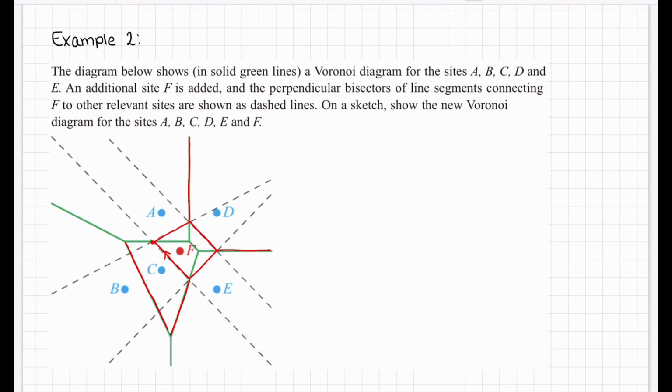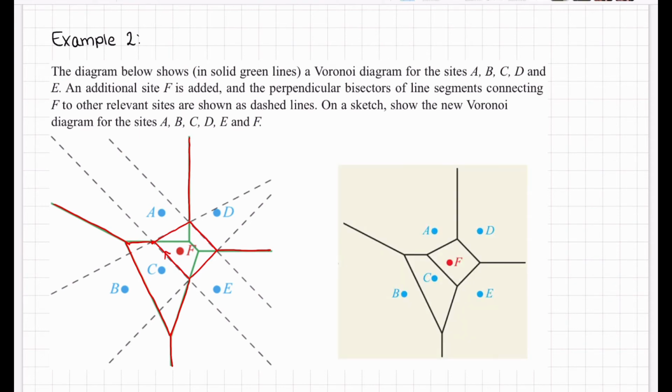Between B and C would be that one. And then we can just fill in the rest of the lines that are left. And then we need to remove all the perpendicular bisectors to get the new Voronoi diagram. And so our new Voronoi diagram will look like this.